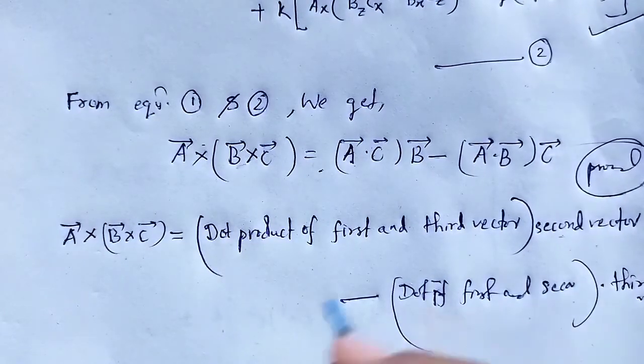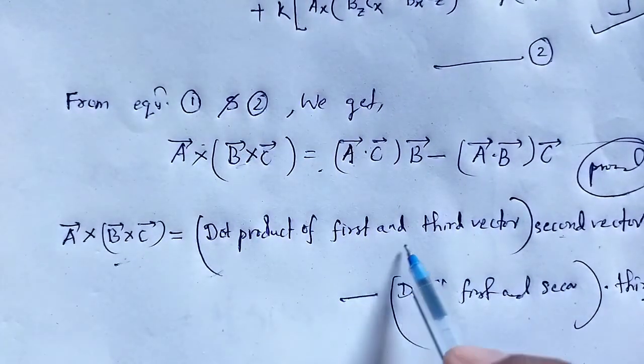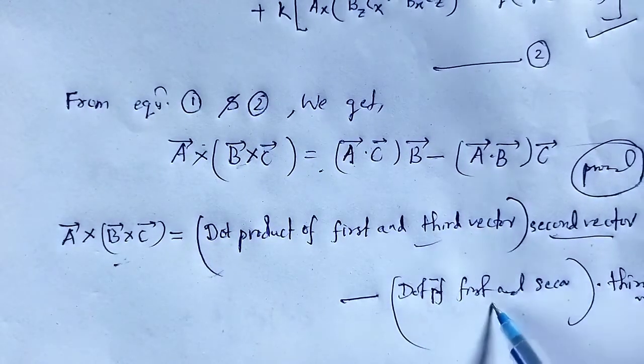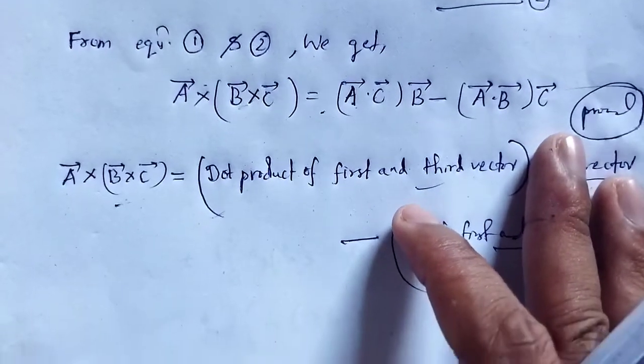In this way we memorize it: dot product of first and third into second vector, minus dot product of first and second into third vector.